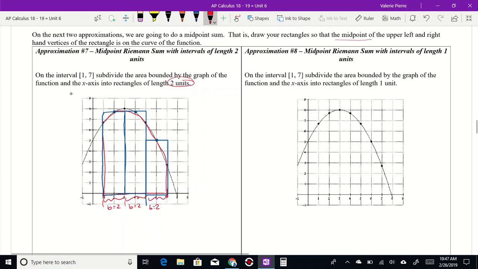Right? And the height of my first rectangle, since I used 2 as my midpoint, is going to be equal to f of 2. And the height of my second rectangle will be equal to f of 4. And the height of my third rectangle will be equal to f of 6.